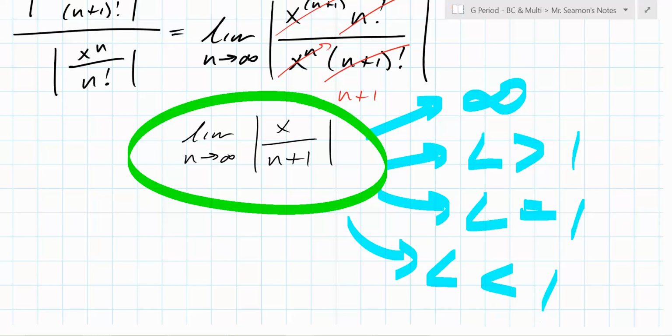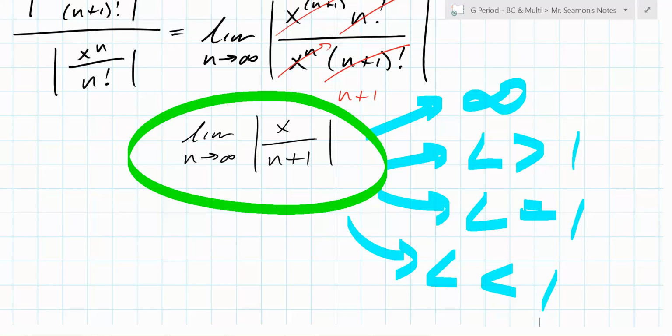What is this thing always going to do, no matter what x value I choose? You said it, it's always going to go to 0. If I pick x to be 7, does this thing eventually go to 0? Sure. If I pick x to be a million, billion, bajillion, what is this thing still always going to eventually go to? 0. Because if x is fixed, it is therefore non-infinite.